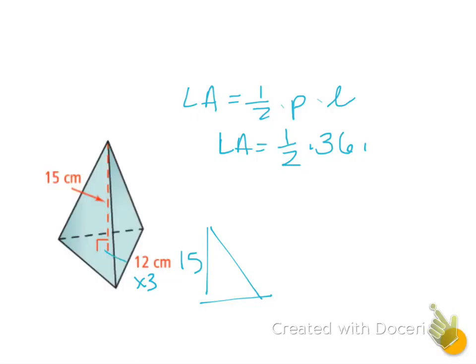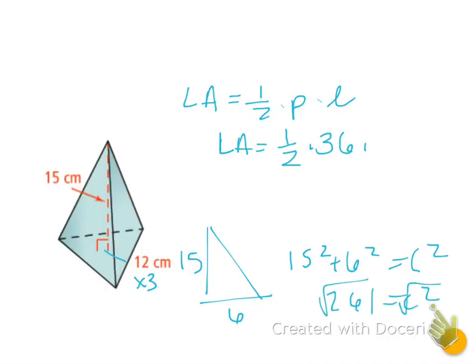I need half of 12 to get that bottom portion, so 6. So 15 squared plus 6 squared equals C squared. So 261 equals C squared. Square root both sides. So C equals 16.16.